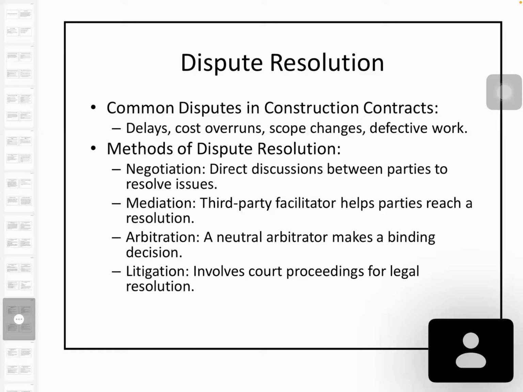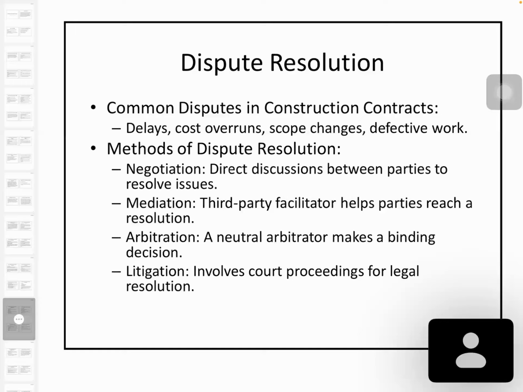Methods of dispute resolution: negotiation. Always encourage negotiation, direct discussion between the parties. The engineer will always support both parties, but always try to negotiate with the contractor and the client and get a solution, or get mediation from a third party, a facilitator to help reach a resolution.